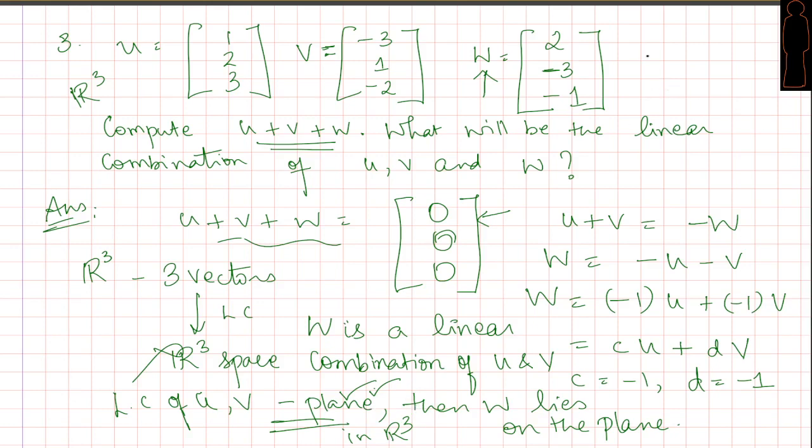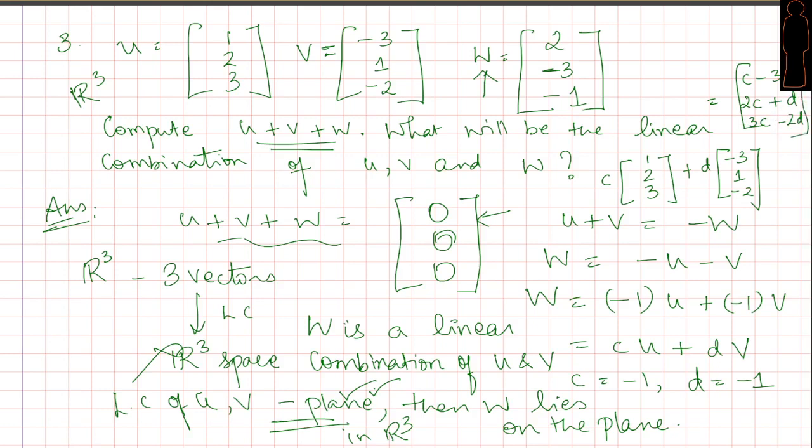Now, if you want to know what is the plane that it describes, then the answer is simple. We can say c times (1, 2, 3) plus d times (minus 3, 1, minus 2), and we can write the answer. This is simple algebra. So (c minus 3d, 2c plus d, 3c minus 2d).